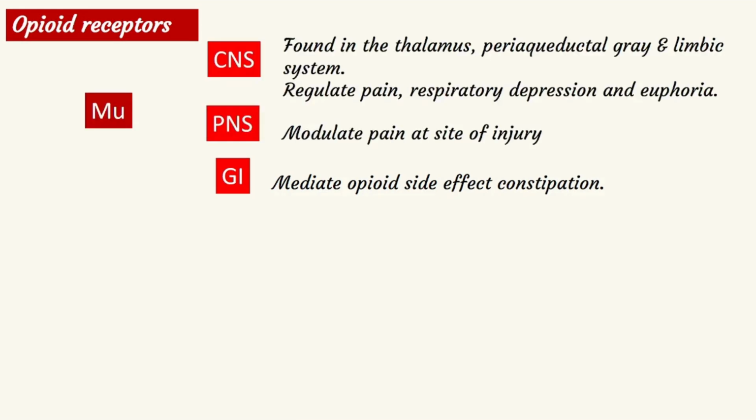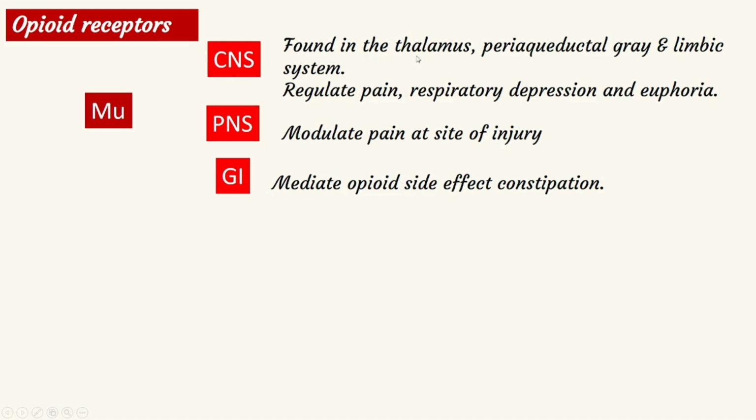Let's go to the distribution of opioid receptors in the body. Primarily, the major opioid receptors are the mu receptors. Mu receptors are distributed across the body, including the central nervous system, peripheral nervous system, and gastrointestinal system.